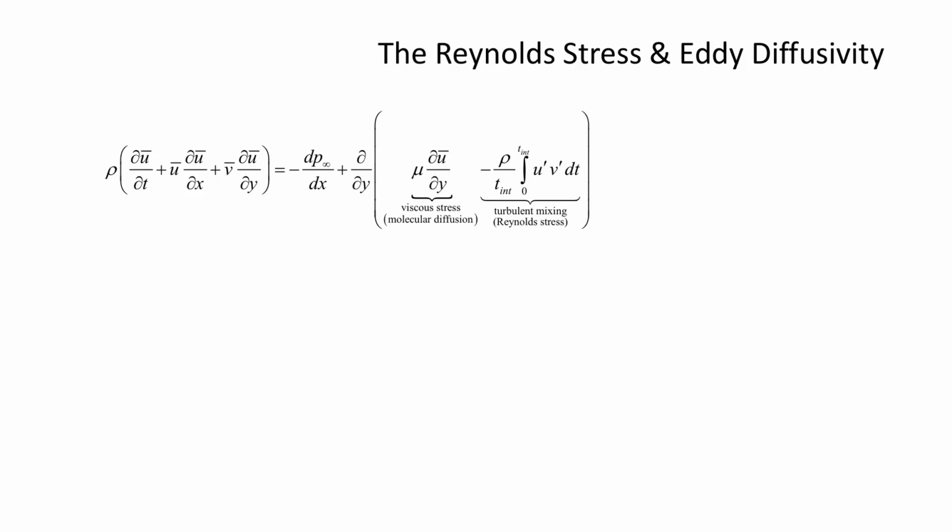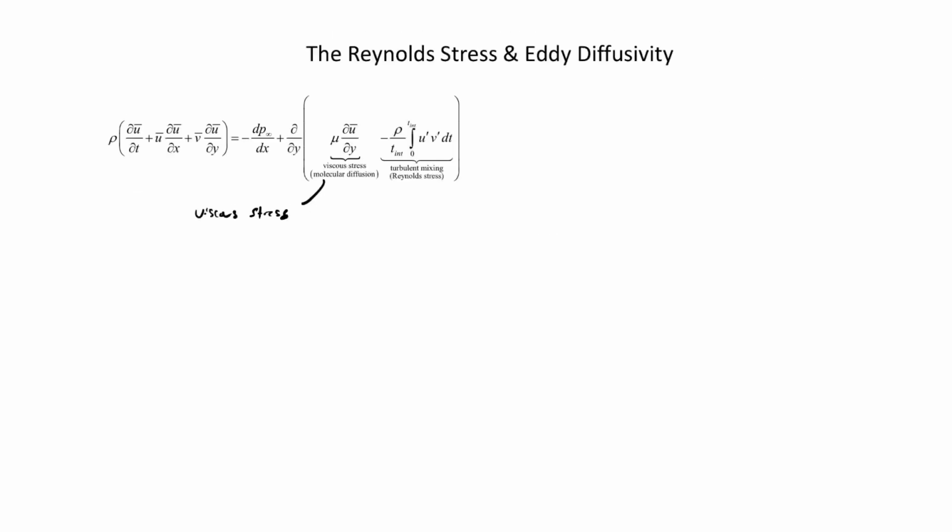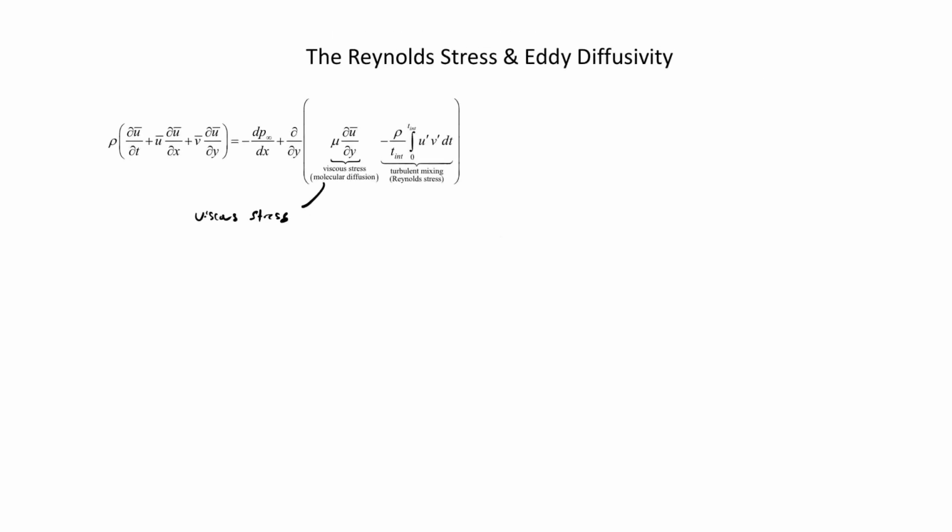If we start, we're saying this term here is the viscous stress due to molecular diffusion. We'll just write it out. Viscous stress due to molecular diffusion, and that is this term here.